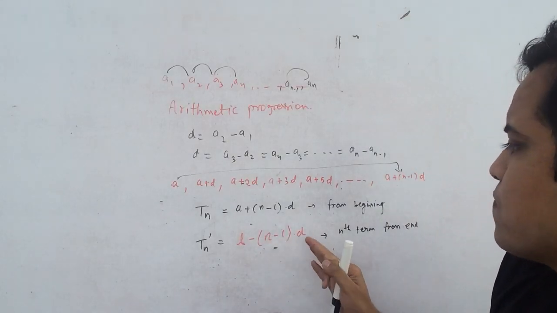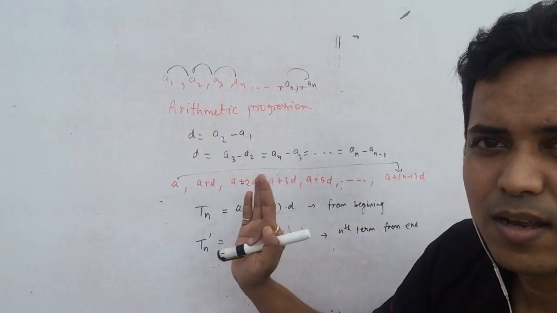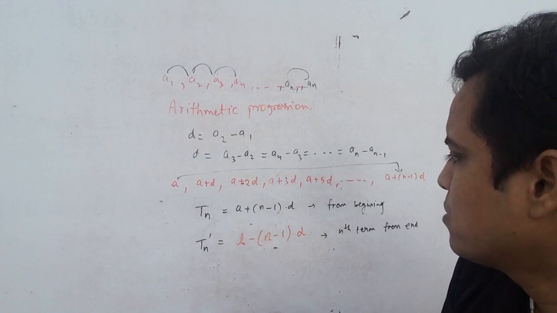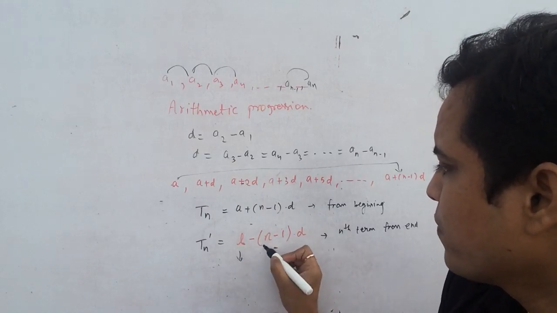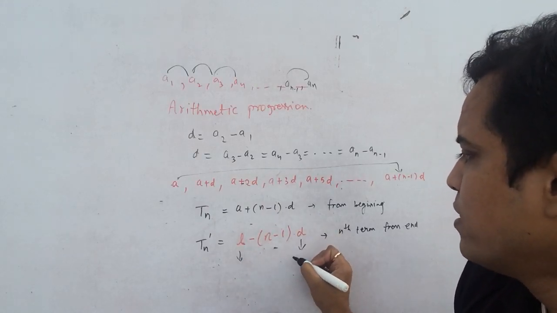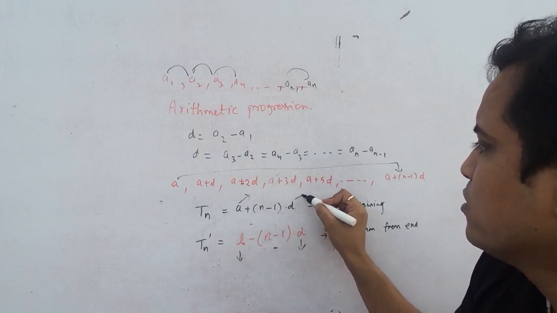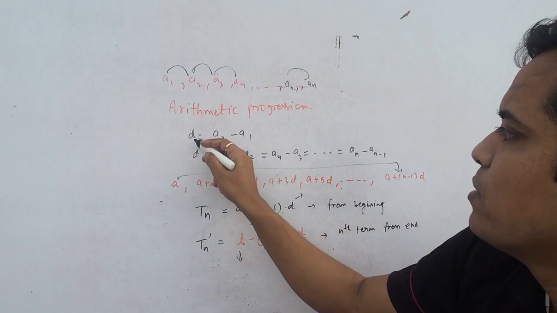So this is the nth term from the last. Here L is the last term, n is the number of terms, D is the common difference, and A is the first term.